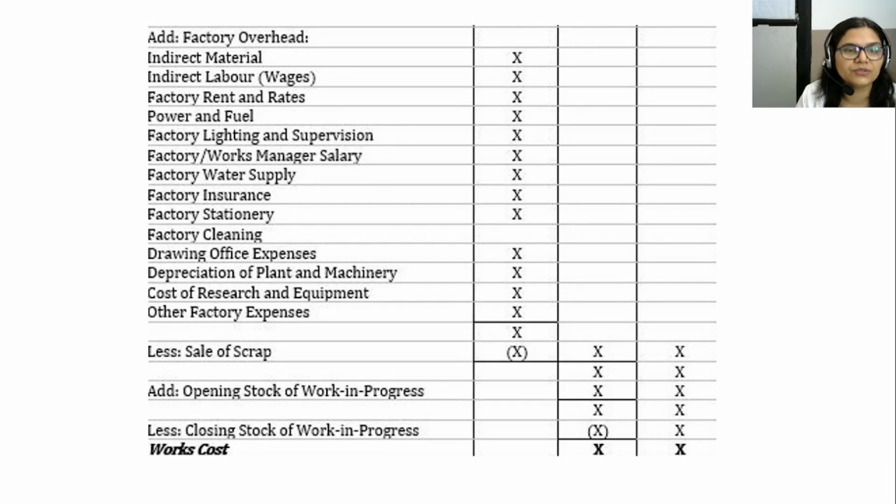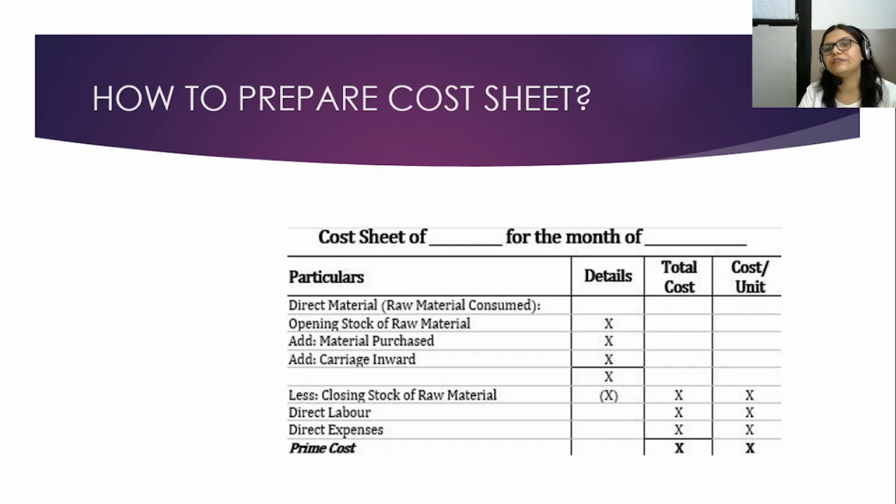For the convenience of the viewers, I again brief you on how to prepare the cost sheet. We will make 4 columns: particular, details, total cost and cost per unit. Individual expenses will be recorded in the detail column, and the summation of the main components will be recorded in the total cost column.